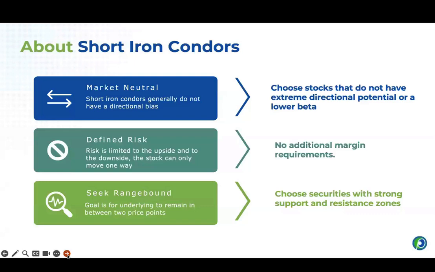Whereas if you have an iron condor, say you were placing this trade at Fidelity and you had a bear call spread and a bull put spread on the same security and the strikes were correct, as in range bound, then it would be paired as an iron condor, and you'd only have the margin requirement of one spread, not two, because the stock can only go one way. So this actually is less capital intensive because of the way the margin methodology is.